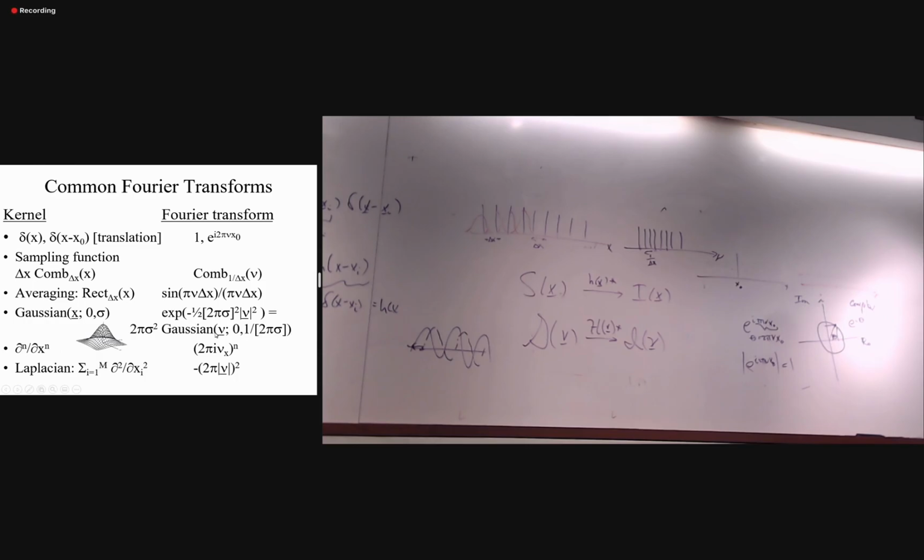And it's the Gaussian, it turns out a Gaussian maps into a Gaussian, except for a constant multiplier, whose width is reciprocal to the width that you have. Wider Gaussians in space map into narrower Gaussians in frequency, and vice versa.